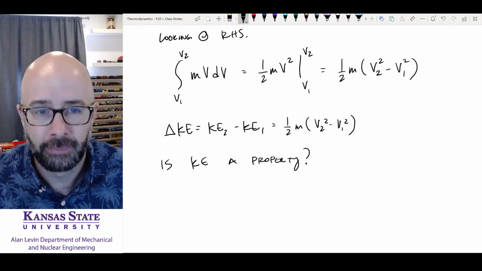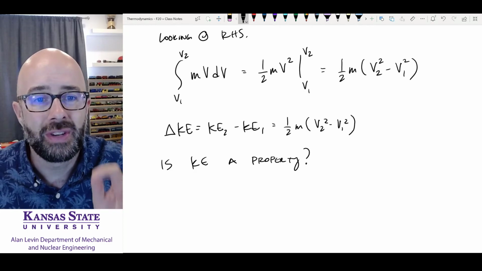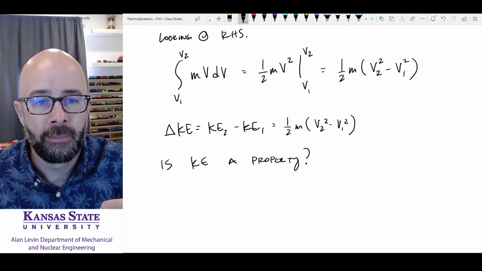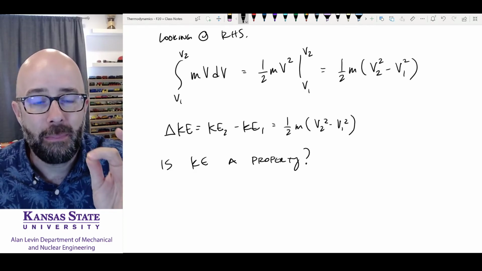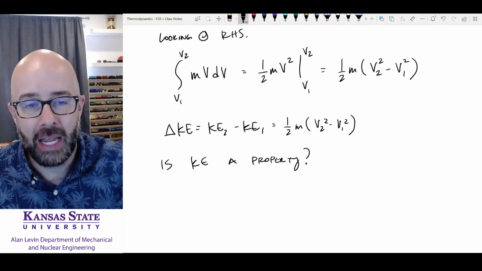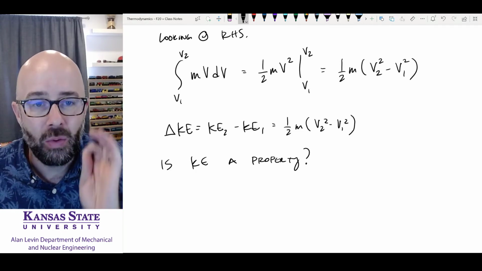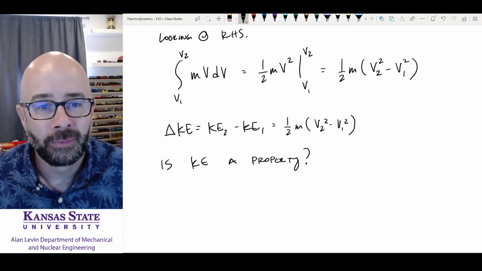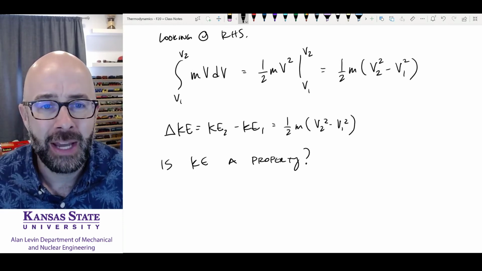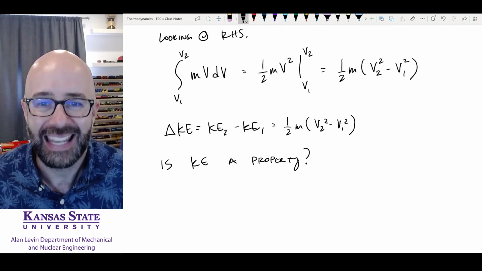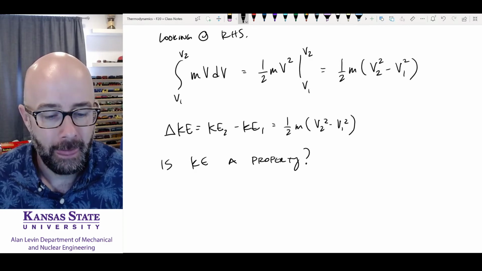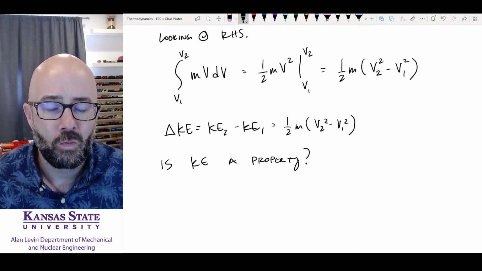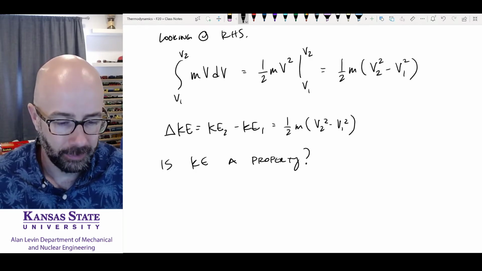Now remember, properties do not need to know the path that you take from state 1 to state 2. It just needs to know about state 1 and state 2. That should be enough information to remind you. Is kinetic energy a property? That's what you need to figure out.